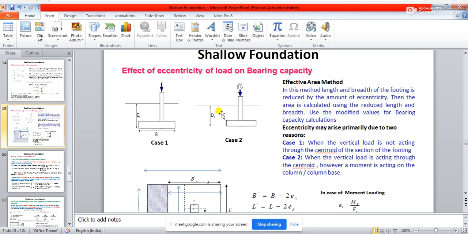However, remember that Terzaghi's equation is for the strip footing, and if the footing is a strip, then in cNc, gamma D Nq, 0.5 gamma B N gamma, you just put B dash instead of B, and the effect of eccentricity will be taken care of.